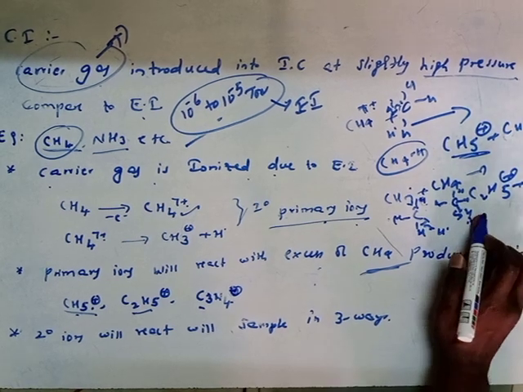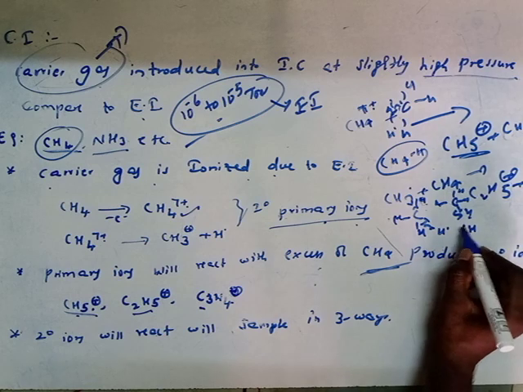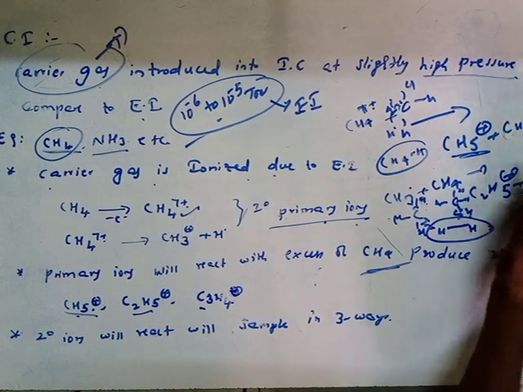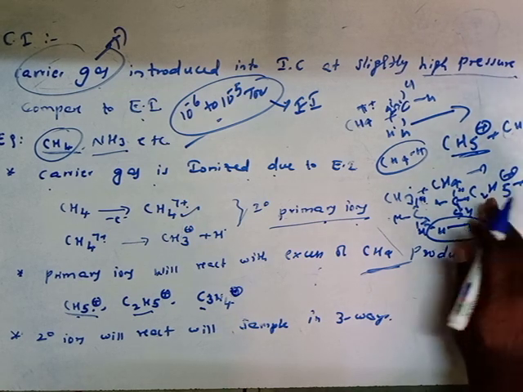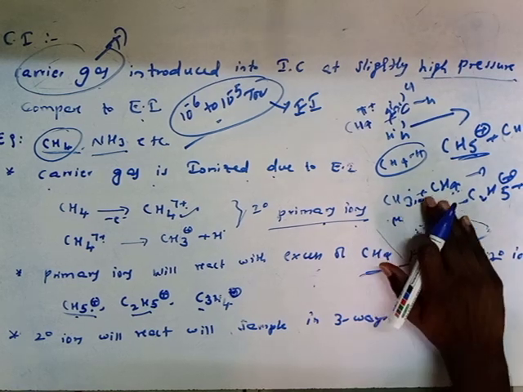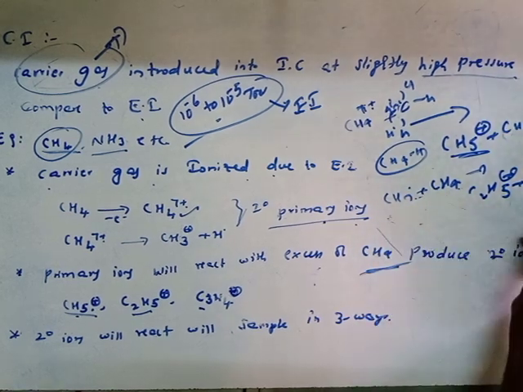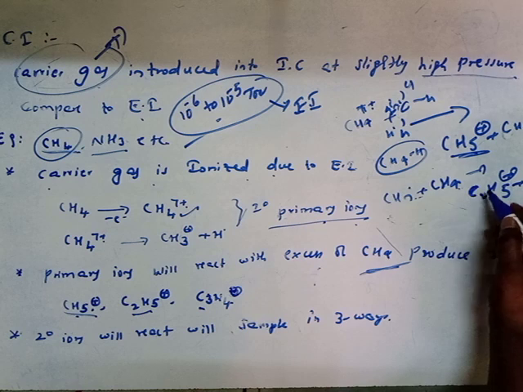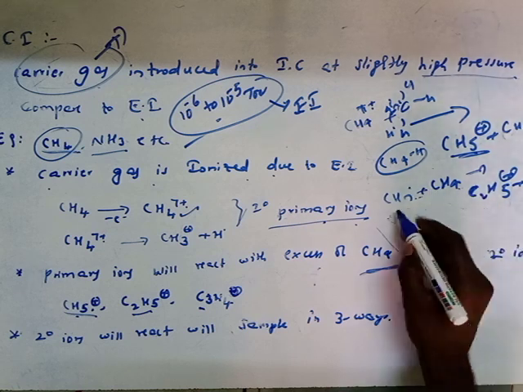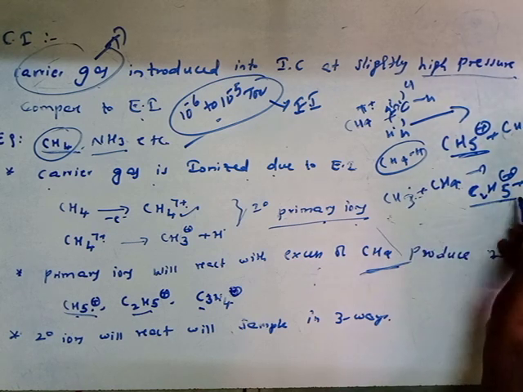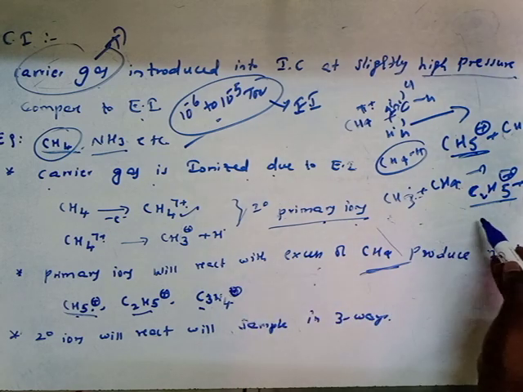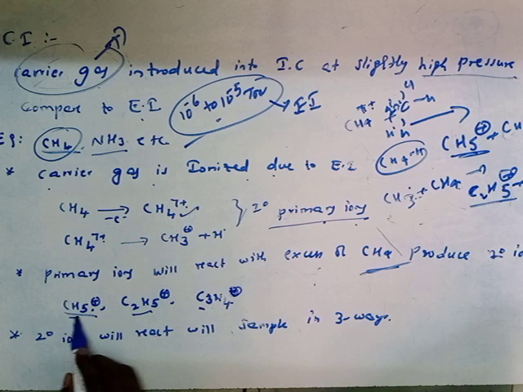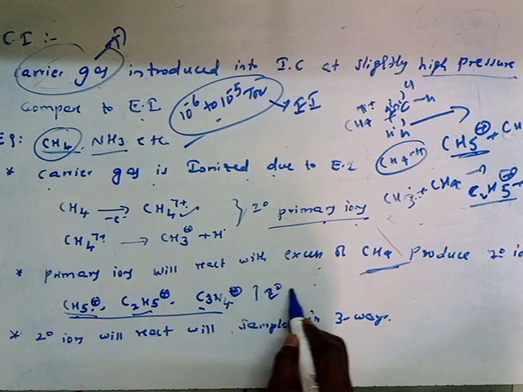This H radical and H radical will combine to form H2, that is nothing but removal of CH2. So removal of CH2 takes place, and combining the other two to form C2H5. Similarly C3H4 is also formed like this, and these are known as secondary ions.